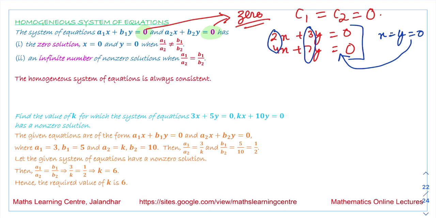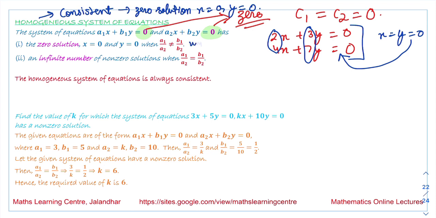It means the first thing that is clear is that a homogeneous system of equations is always consistent. That is, it always has the zero solution. Zero solution means x is equal to 0 and y is equal to 0 is always a solution in this case. So we are left with only two cases.